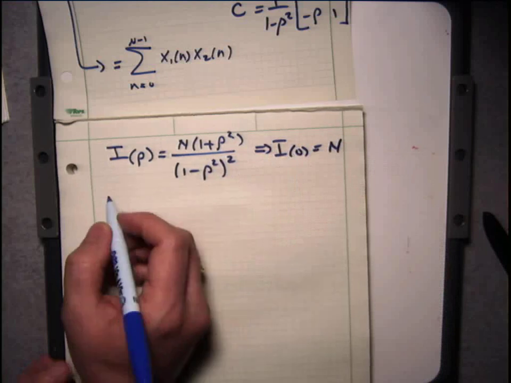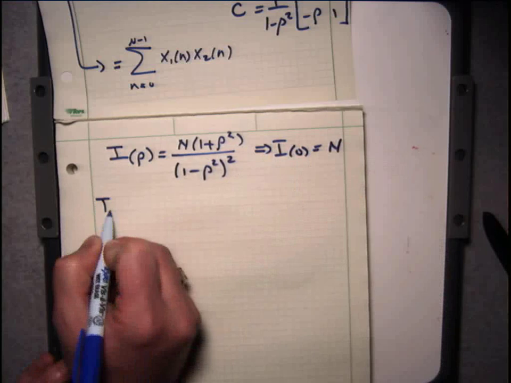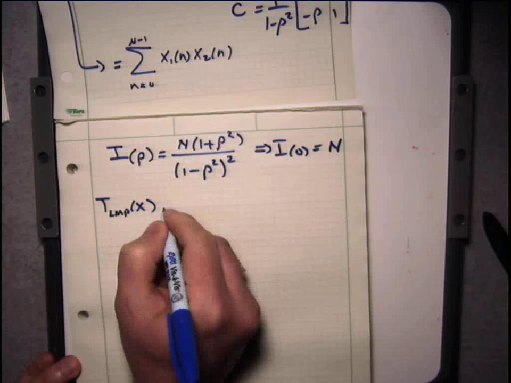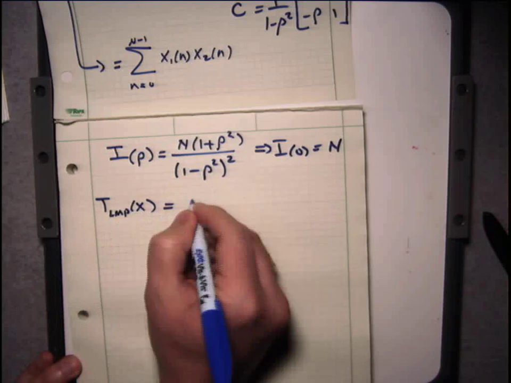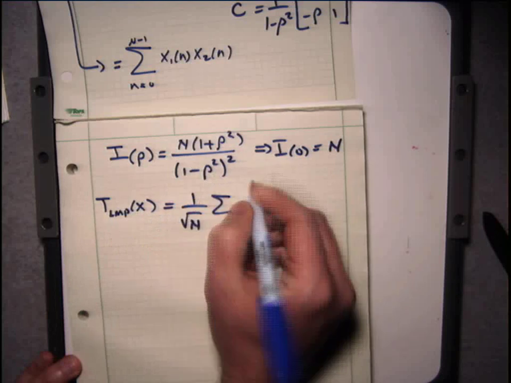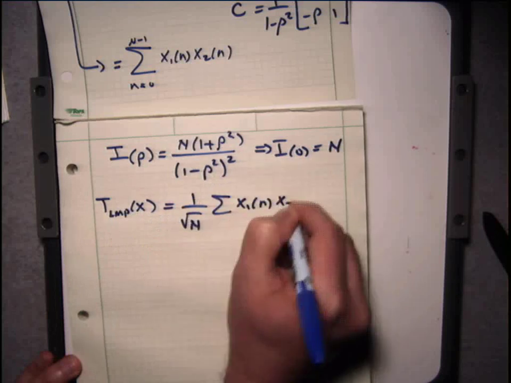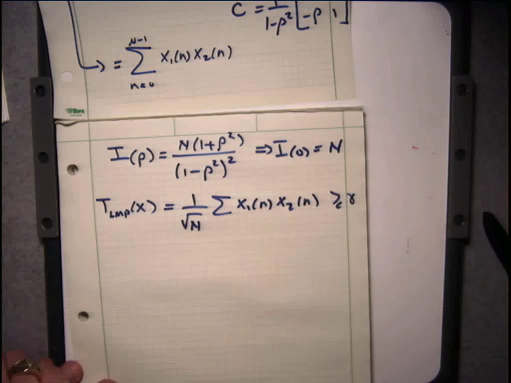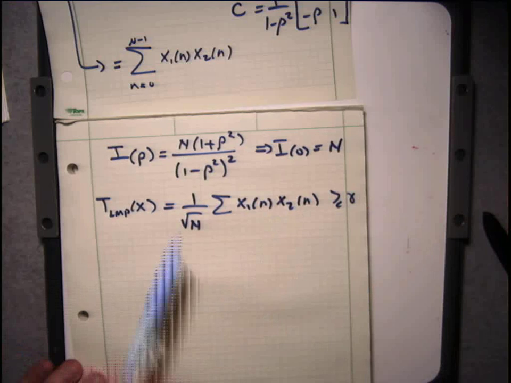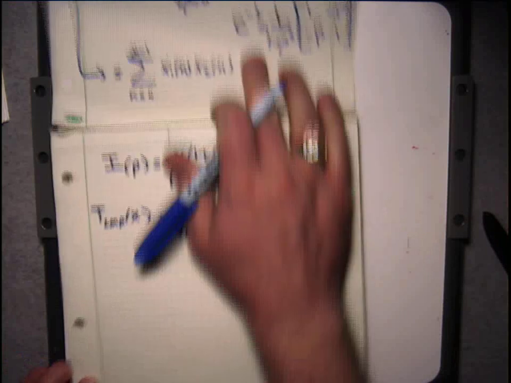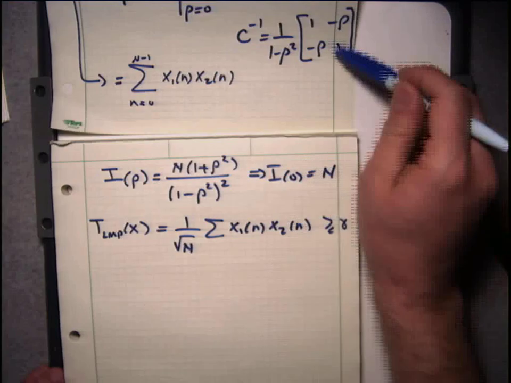So you simplify, and so your test statistic, the locally most powerful test, as a function of the data, is then 1 over square root of n times the sum of x1n, x2n, and this gets compared to a threshold. Okay? Now, in fact, remember that x1 and x2 both have variance equal to 1, right?